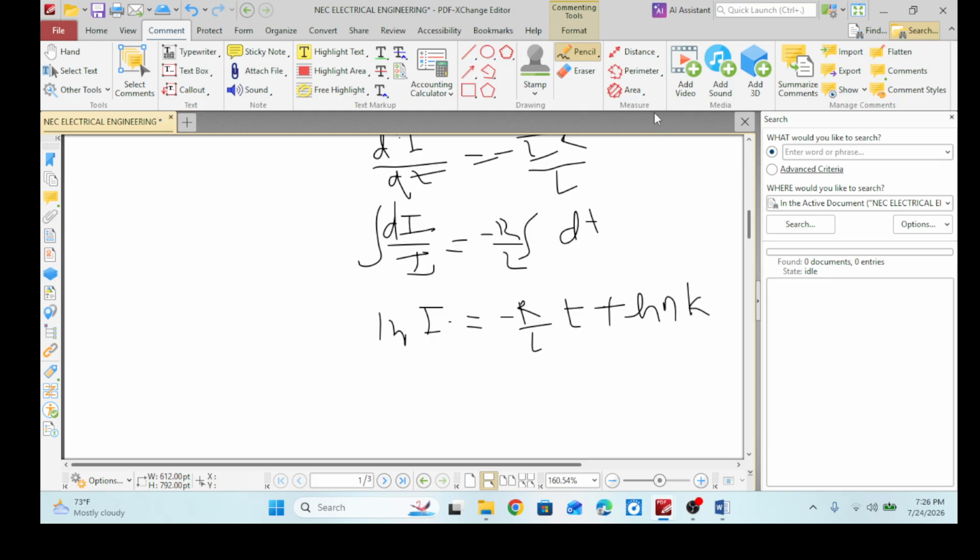This is the constant. It would be k, we understand, but we can manipulate it and write it in ln form.